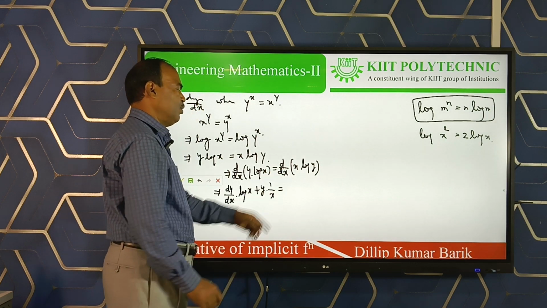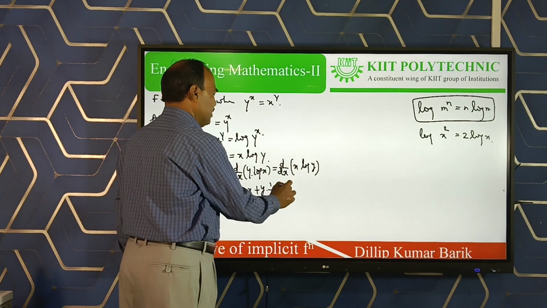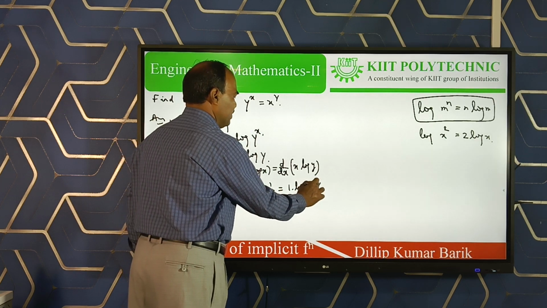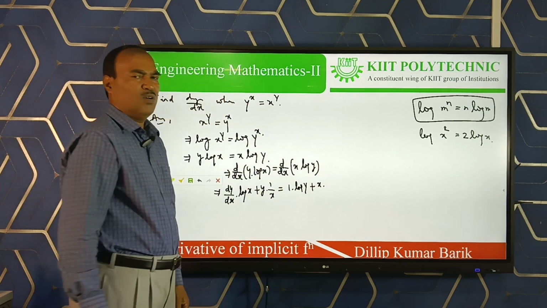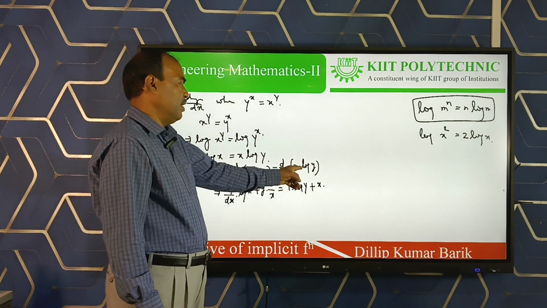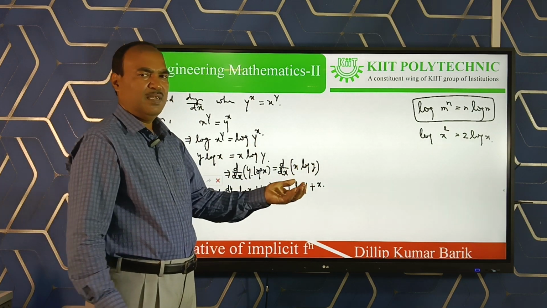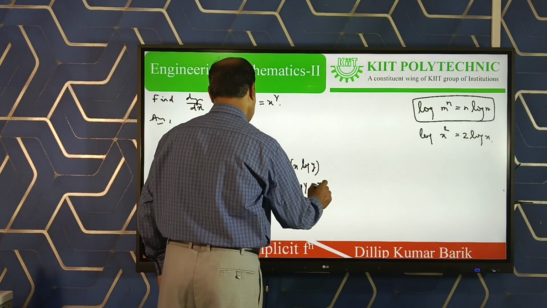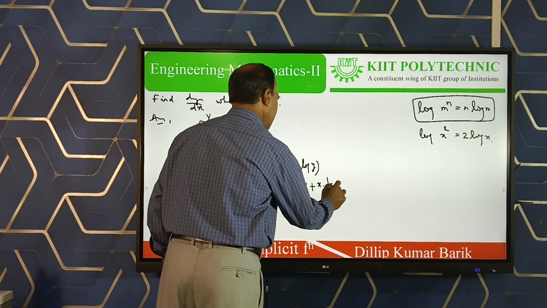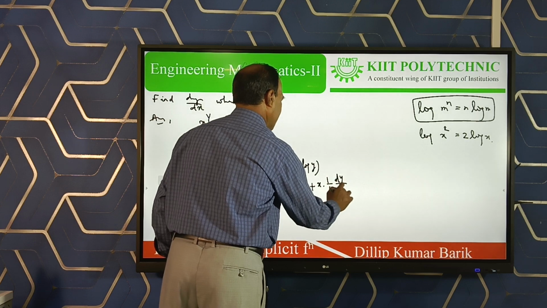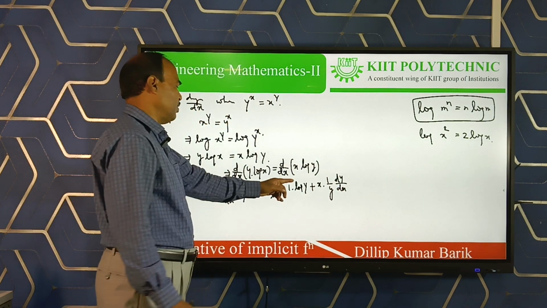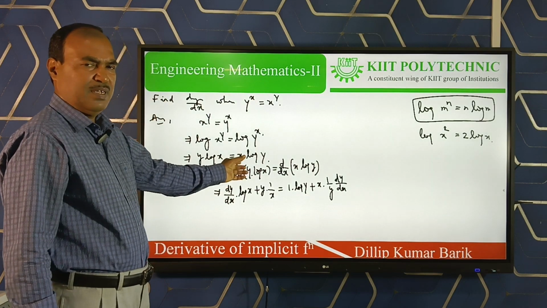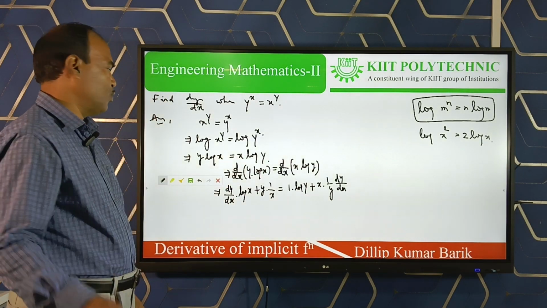And similarly the right side one, derivative of x means 1 into the second kept fixed, plus x into the derivative of log y, which is nothing but 1 by y into dy by dx, since y is present, attached with dy by dx. So this completes your application of the UV or product rule.